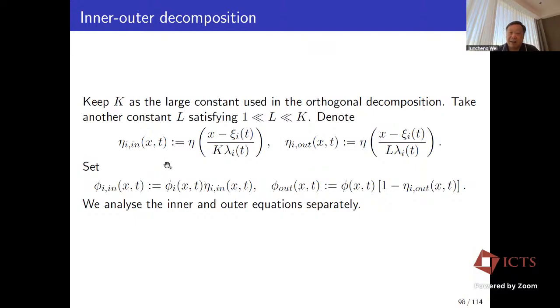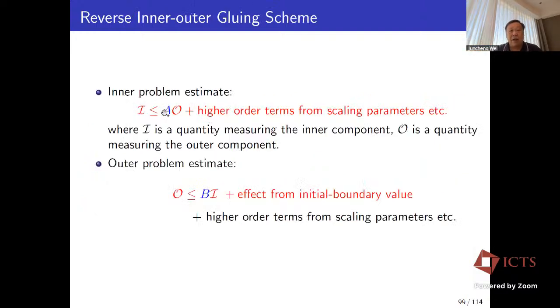Now let's analyze the inner problem and the outer problem. Here we're not constructing a solution, we're analyzing the solution using the gluing. For the inner problem, we can estimate the inner problem in terms of the outer problem by a small number A. This is the outer region.